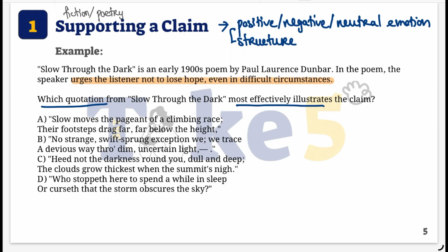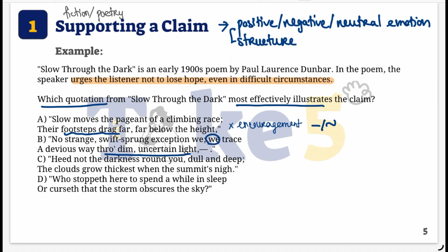A focuses on dragging footsteps. This is unrelated to encouraging someone to be hopeful, so it discusses hardship but no encouragement. Can be either negative or neutral feelings. Just put a negative or neutral sign here. B describes the difficult, winding path the speaker and listener are on together because there's a "we" here.